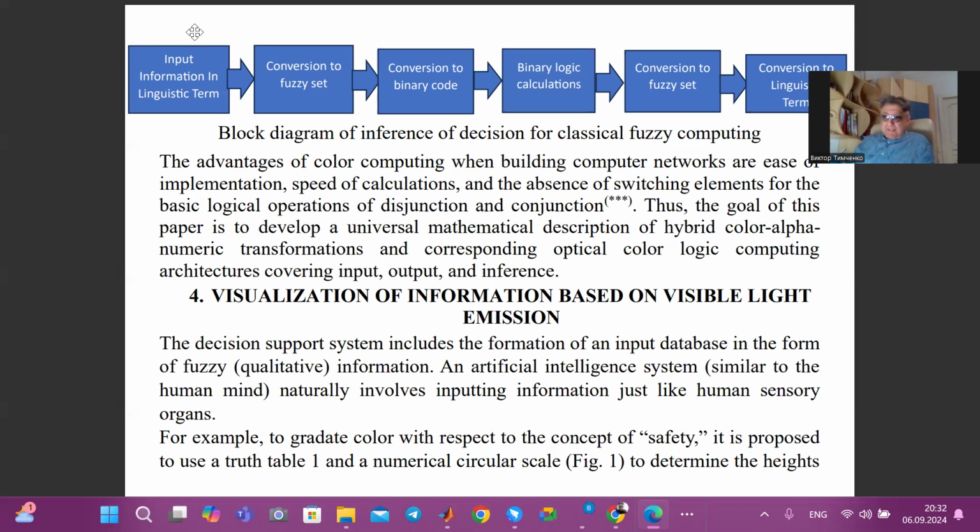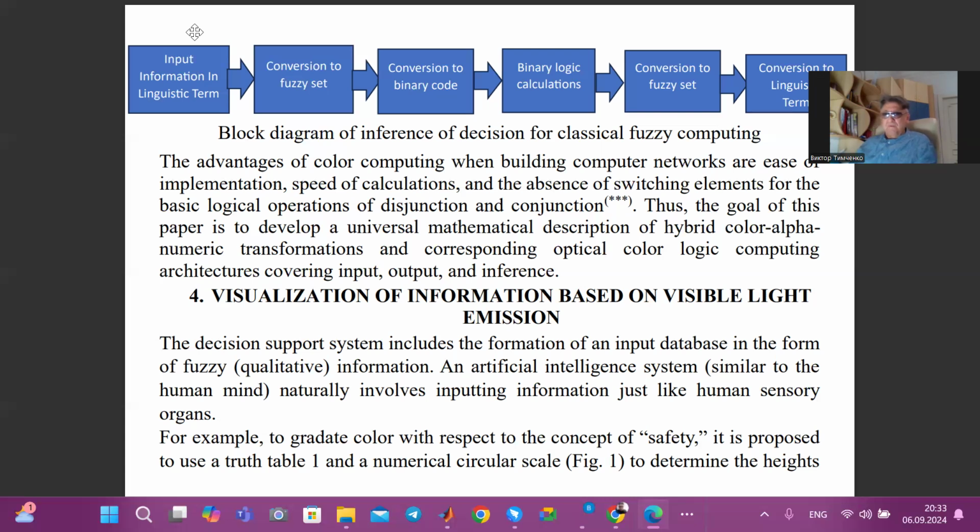Based on these ideas, an architecture of logical gates for implementing OR, AND, NOT, NAND, NOR operations was developed. Constructions of a multi-level optical network capable of performing logical operations with big data were proposed. Thus, the goal of this paper is to develop a new universal mathematical description of hybrid color alphanumeric transformation and the corresponding optical color logic computing architecture covering input, output, and inference.